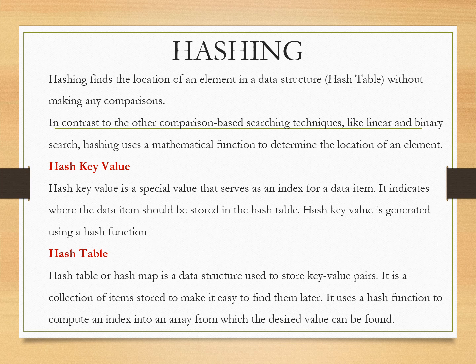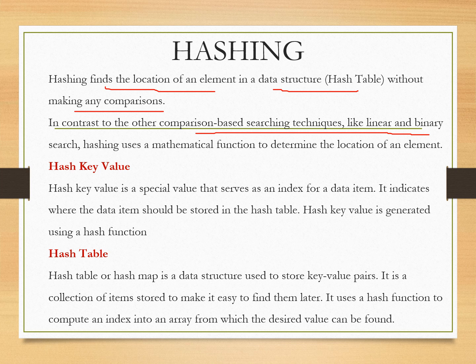So hashing will find the location of an element in a hash table without making any comparison. That is the important feature of hashing. You need not do any comparison in finding the location of an element. Whereas in other comparison based techniques like linear search and binary search, you will be comparing to find the location to insert. For example, in binary search, you will take a value and compare it with the root value.